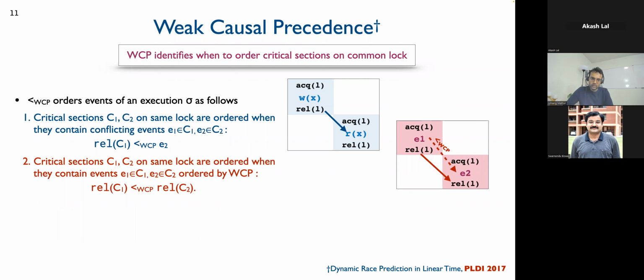Yes. If I understood correctly, one of the reasons why you place the edge from the release of L to the read of X in the second thread was that you said this is cheaper to track. So why would that be, compared to if I had actually drawn it from release of L to acquire of L?